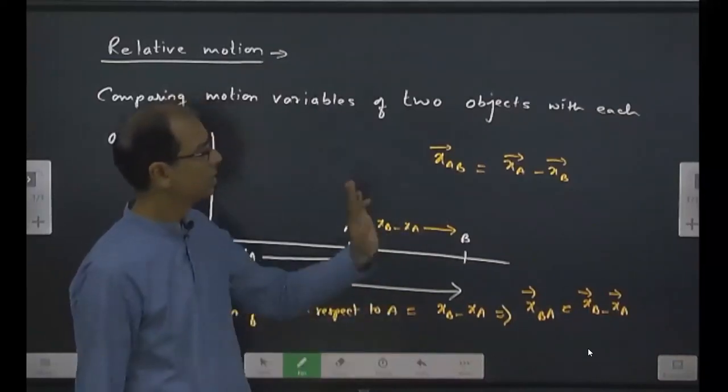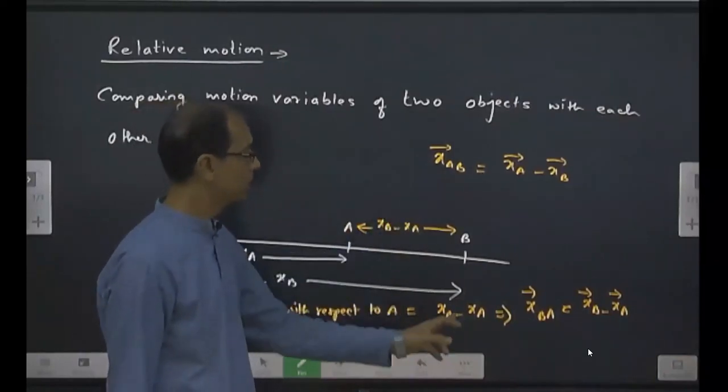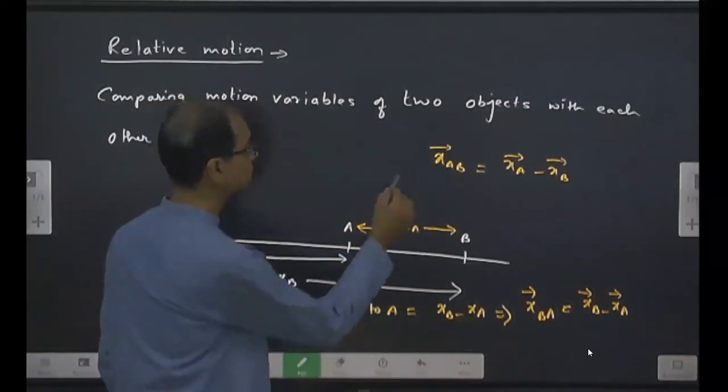Okay, so this is regarding position. This is position of B with respect to A. What is this?